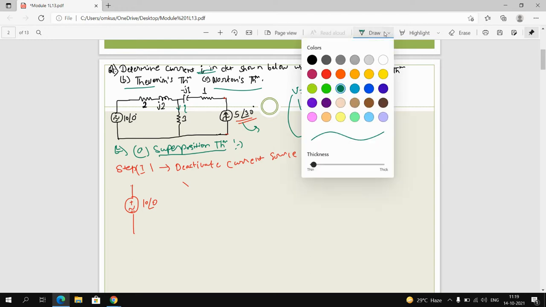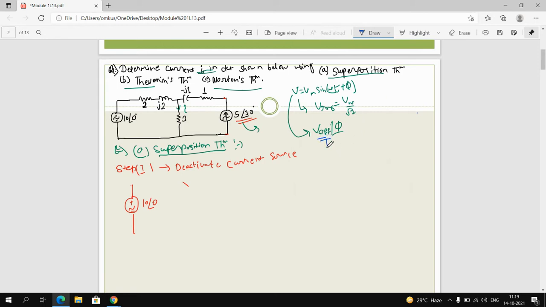It means this V effective is nothing but the Vrms value, which is Vm by root 2. So please note that whenever such a value is given in any source, you have to consider that it is an RMS value, right? Because this is an effective value. So this is nothing but the RMS value.